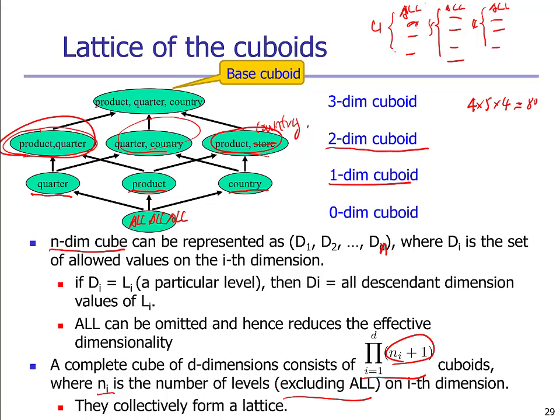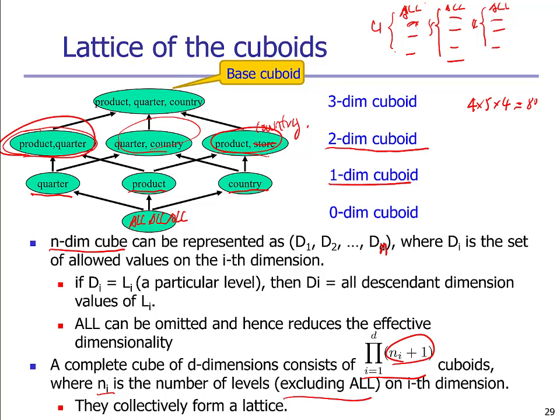In the books, sometimes they refer to a specific cuboid as a data cube as well. But let's put that aside. A data cube is defined by dimensions and facts, and a data cube can be viewed as a lattice of the cuboids, which is what you can see in this slide.